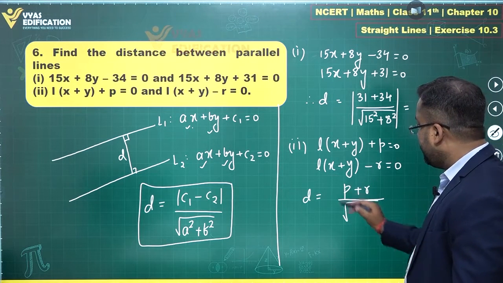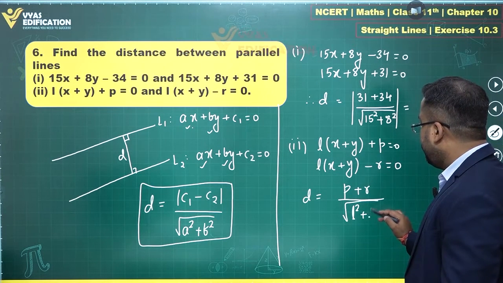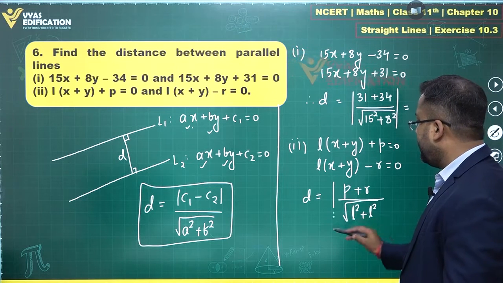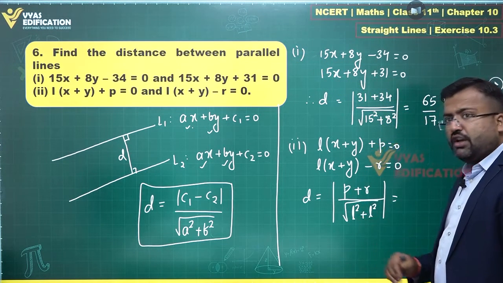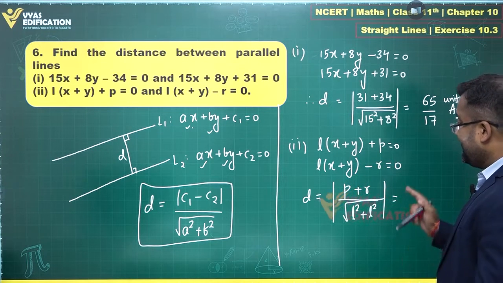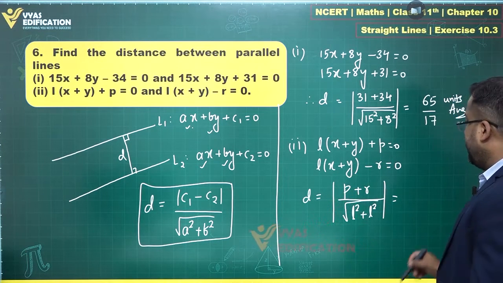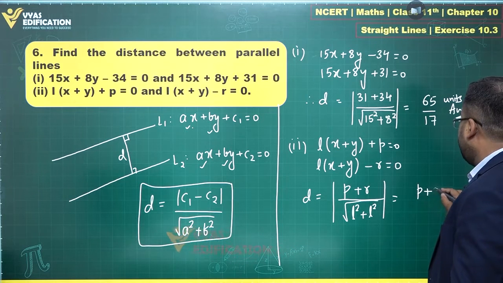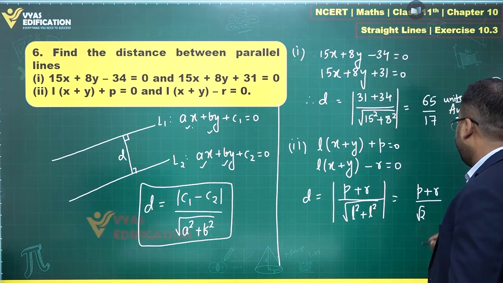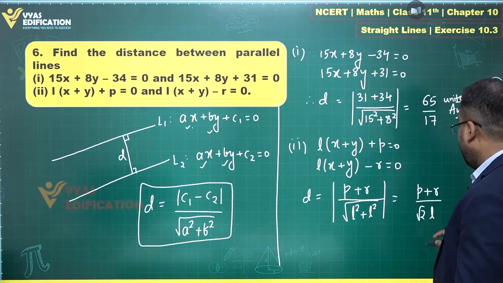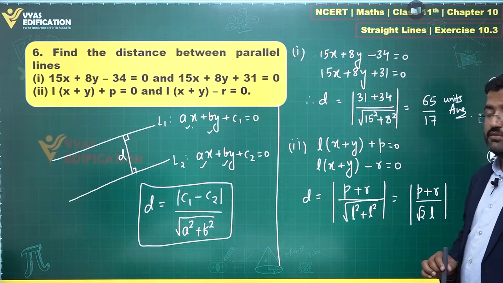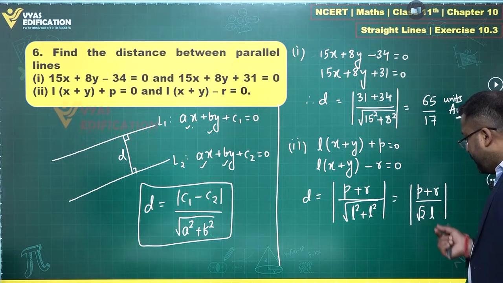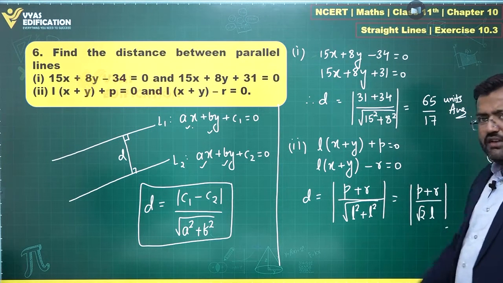This becomes this, upon the square root of L squared plus L squared, and you take the modulus. So this is modulus of p plus r upon root 2 times L. The modulus will be taken for L as well. So p plus r upon root 2, and you take the modulus for L as well, or you can take the complete modulus over here, and that will take care of this.